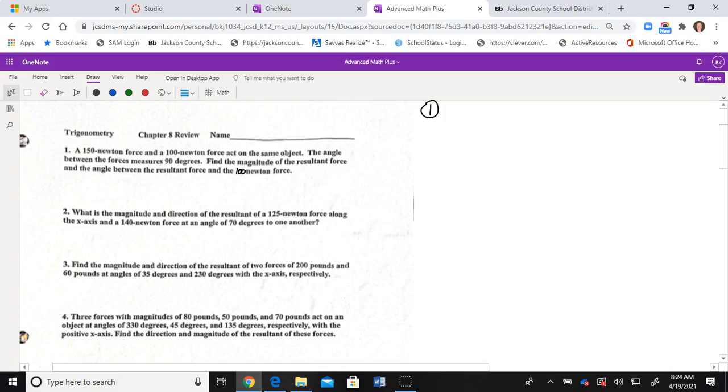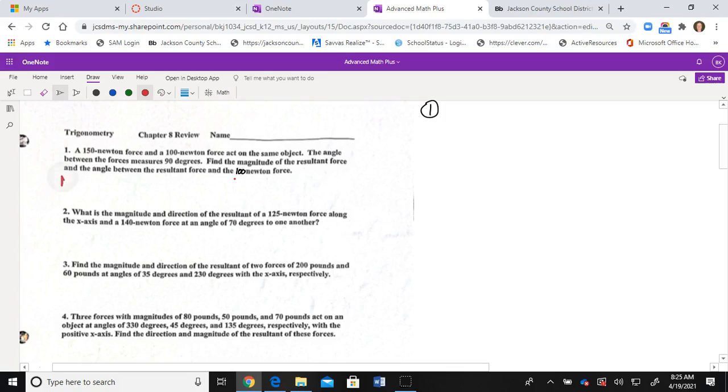Okay, right here, if you haven't changed yours, the people that just got the review because you're absent, that should be 100 Newton force right there. So change that for me. On all of these, every single one of them, you have to get your vector, okay?